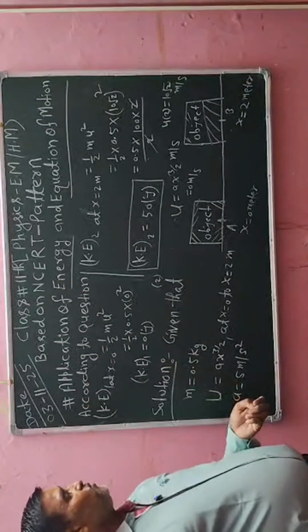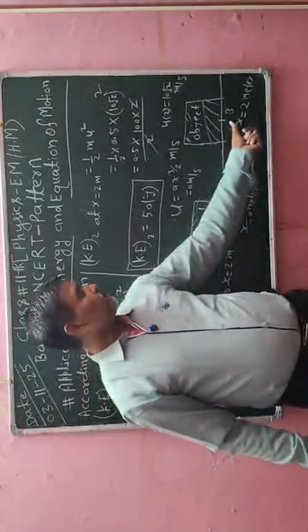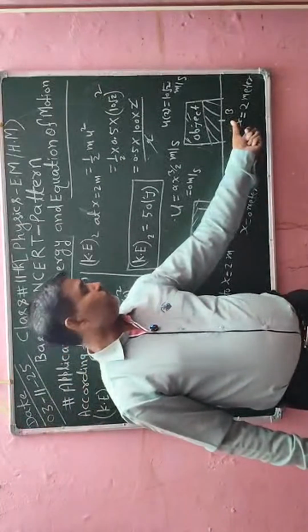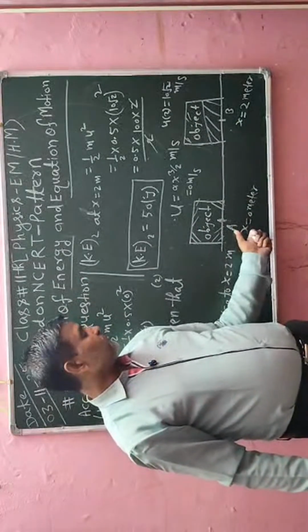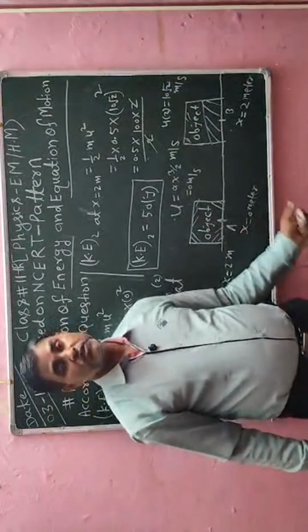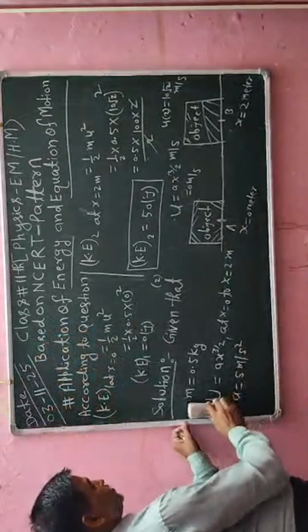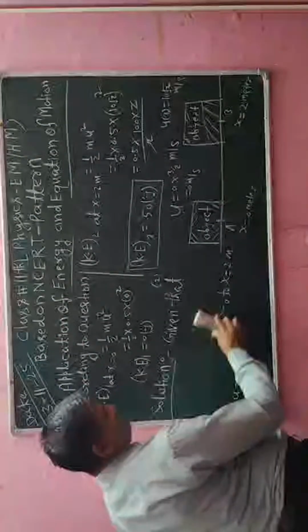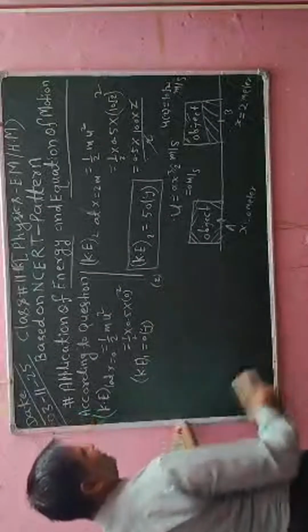Okay, so I will take the difference, kinetic energy at point B minus kinetic energy at point A, that is x is equal to 0. So that difference will be the work done. So I will erase the data below, and after erasing I will get the required solution.